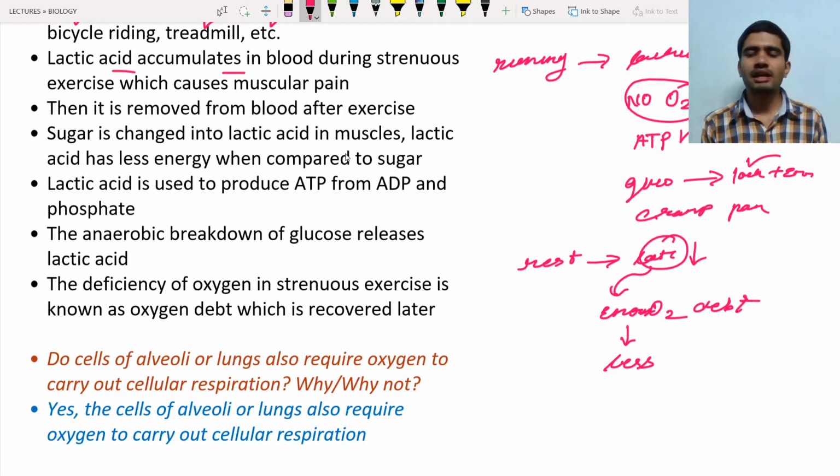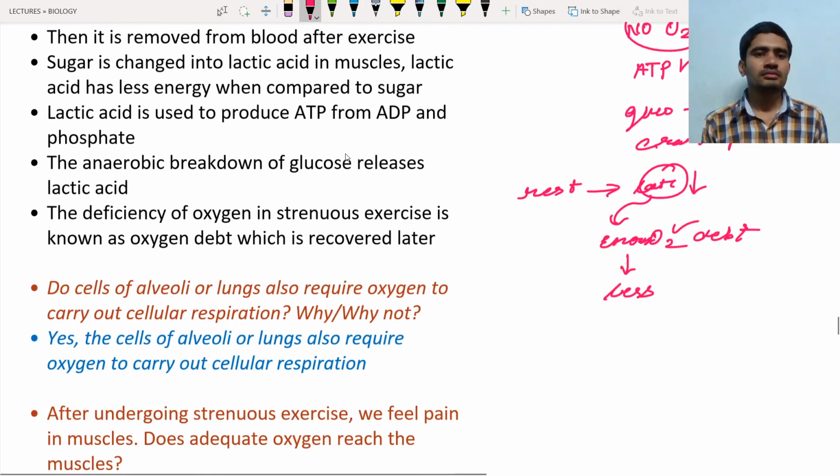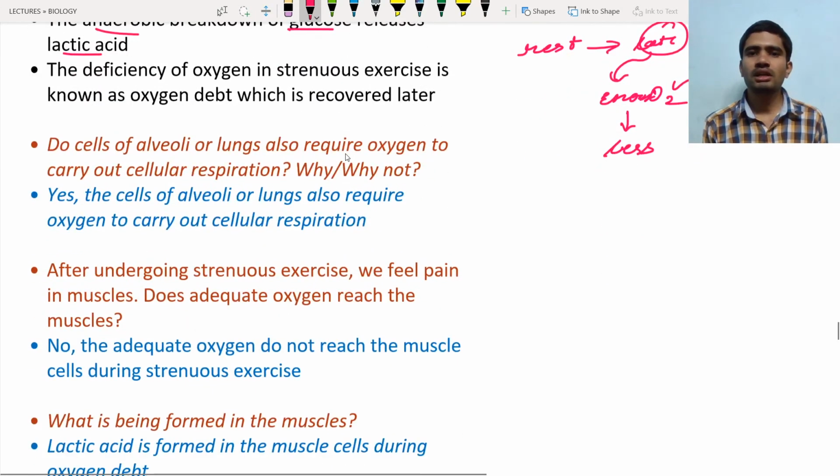Hence, lactic acid production provides some amount of energy during severe conditions like strenuous exercise. The anaerobic breakdown of glucose in the muscles produces lactic acid. The deficiency of oxygen in strenuous exercise is known as oxygen debt, which is recovered later. When will it be recovered? When you are taking rest. In that case, normal breathing will be done, and the oxygen will again be gained in the body.